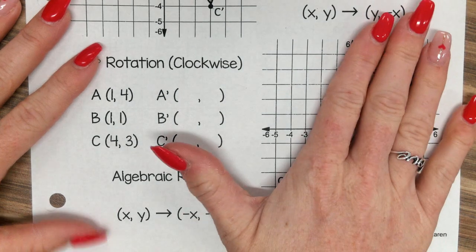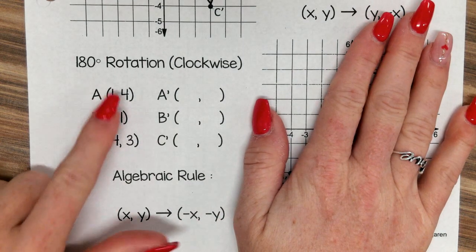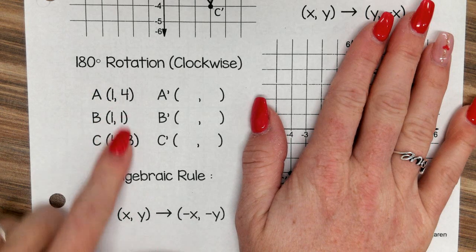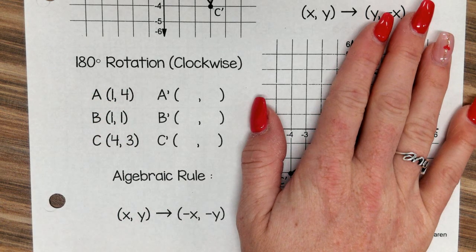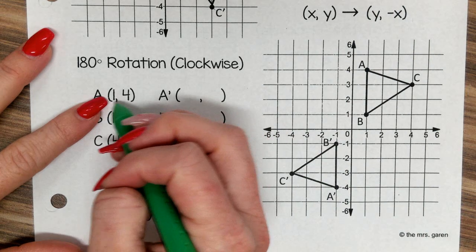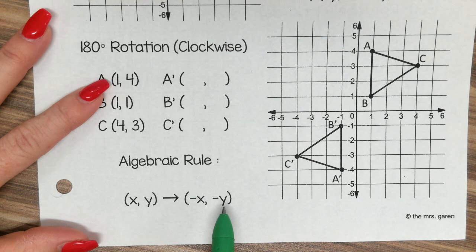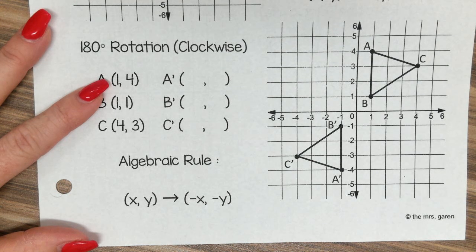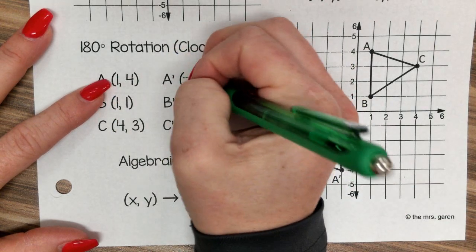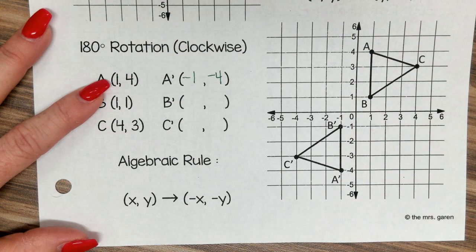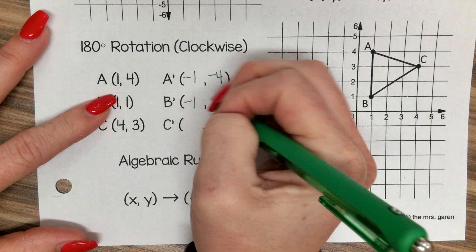Now, don't look at the picture. Take this rule and apply it to these coordinates. I need everybody paying attention. All right, here we go. Take these. They switch spots? Look at it. No. What do they both do? Become? Don't say negative. Opposite. So this is going to become negative 1, negative 4, negative 1, negative 1.